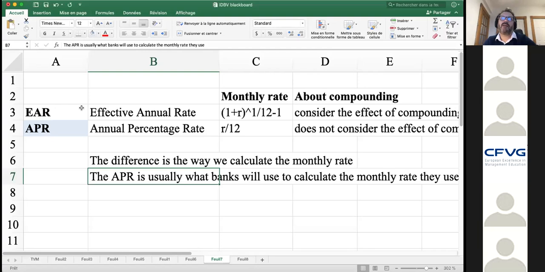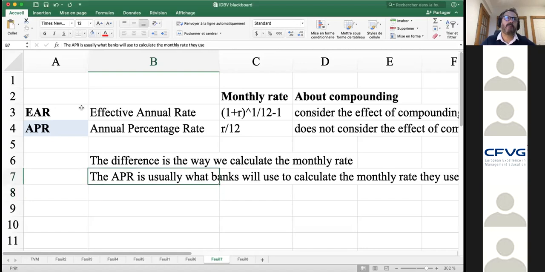So it means that in the first step, as we just did in an example earlier, we used the monthly EAR and then did the calculation. We would do the same thing, except that we would use a monthly APR instead. And this is usually what they do. So we have to be careful, because when they do so, it's going to make a difference.